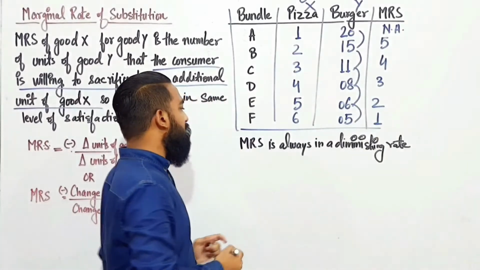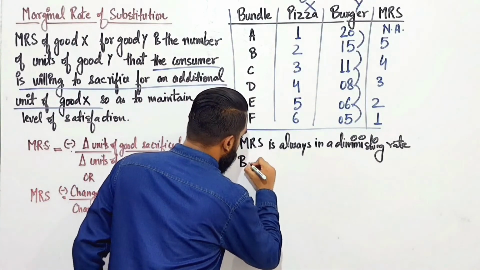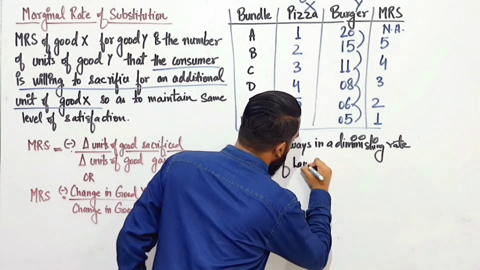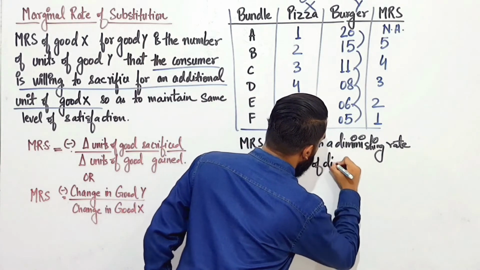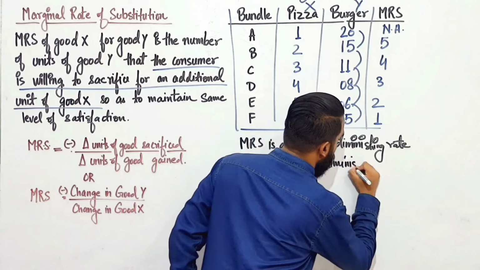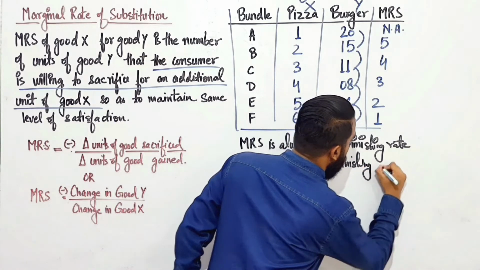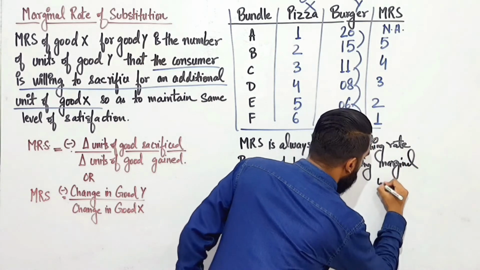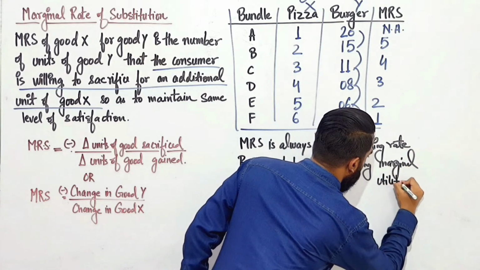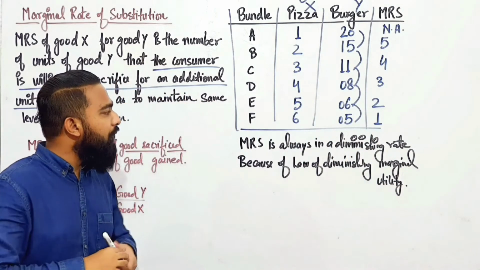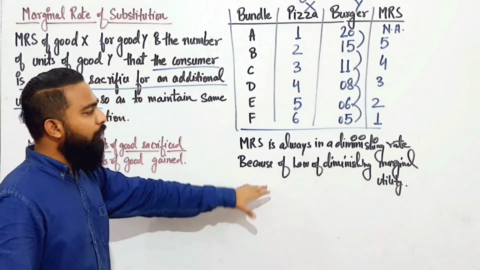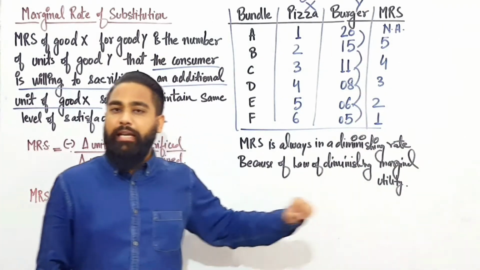Why? It is decreasing because of the law of diminishing marginal utility. Fine. So MRS is always decreasing, or in a diminishing rate, because of the law of diminishing marginal utility.